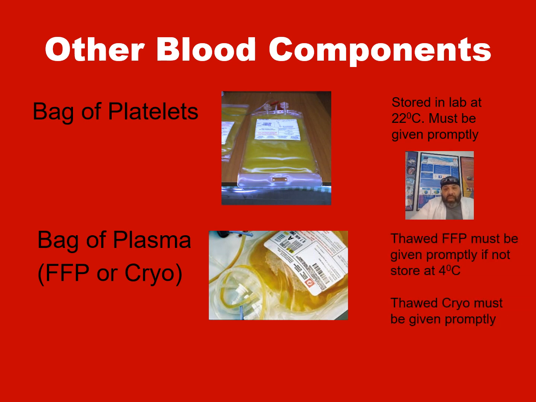Platelets are stored in a laboratory at 22 degrees centigrade, at room temperature, and normally left on what are known as agitators. They must be given promptly as and when a request comes through, because after a certain duration platelets are next to useless.